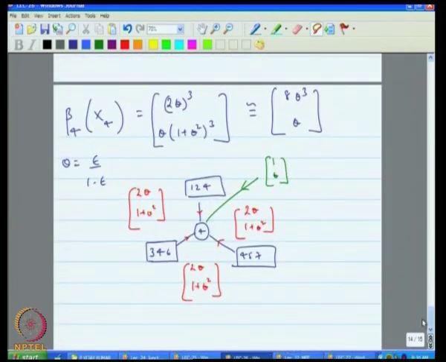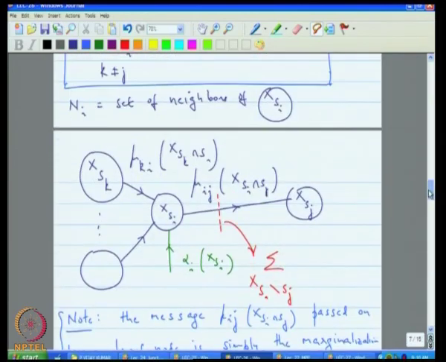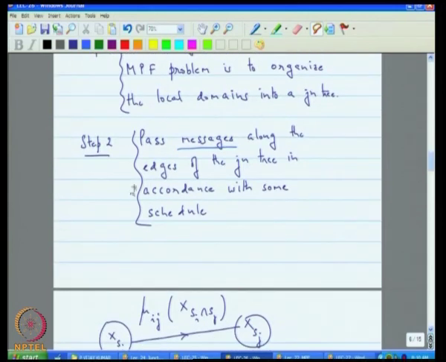Now also I introduced another notion, that of a schedule. So you pass messages in accordance with some schedule, and the schedule is a function of how many objective functions you want to compute.